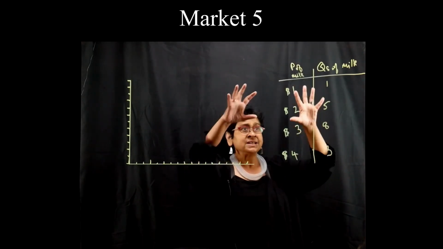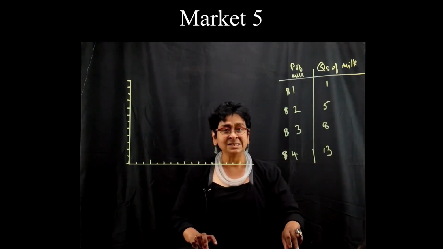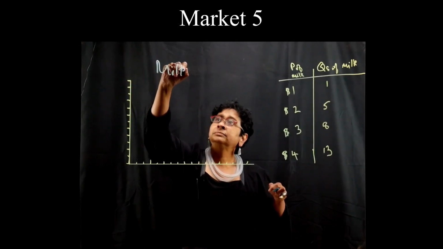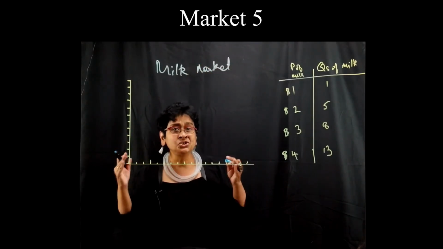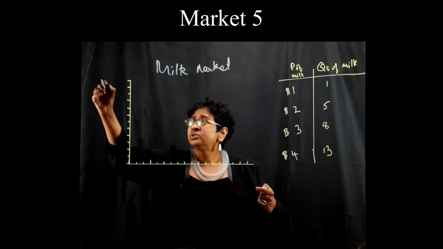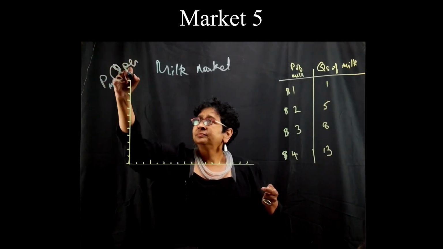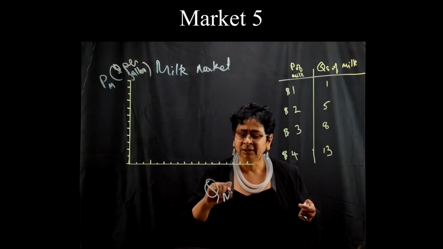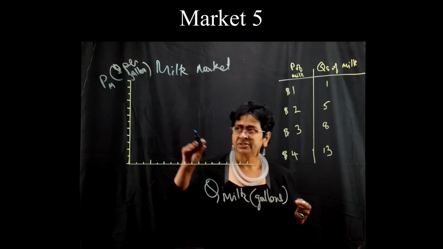And what I'm going to do is take this data and draw it in a graph. A reminder that in our milk market, unfortunately, given the historical way in which these graphs were originally developed, the axes are flipped. So the price of milk in dollars per gallon is actually on the y-axis, and the quantity of milk in gallons is on the x-axis.